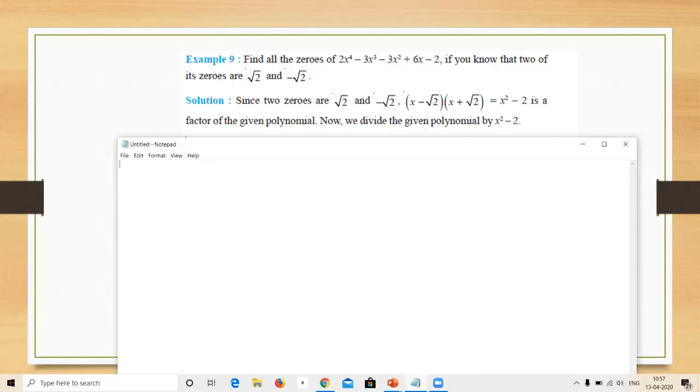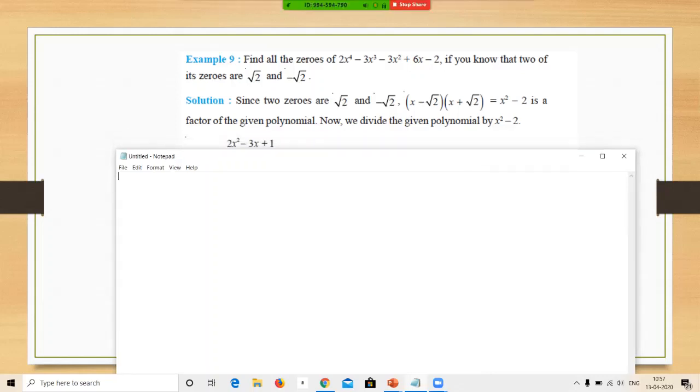Ma'am, is it 2x square minus 3x plus 1? Yes, 2x square minus 3x plus 1. Fine. Remainder is 0. So it's getting completely divided.